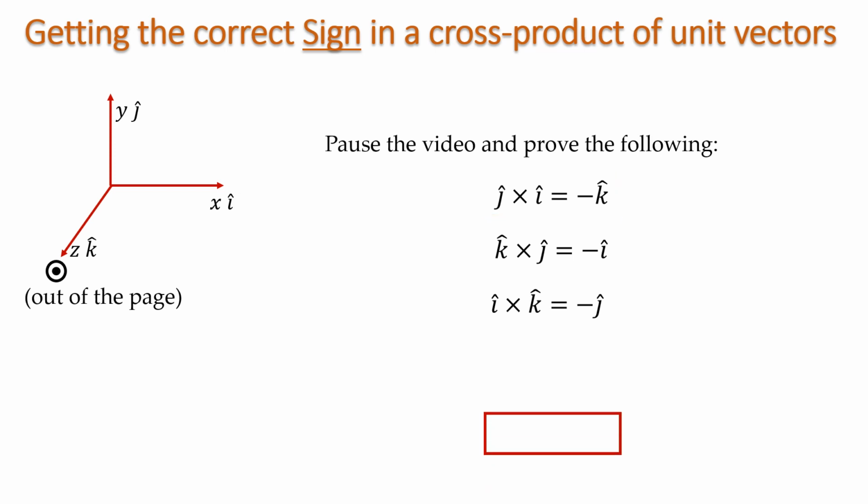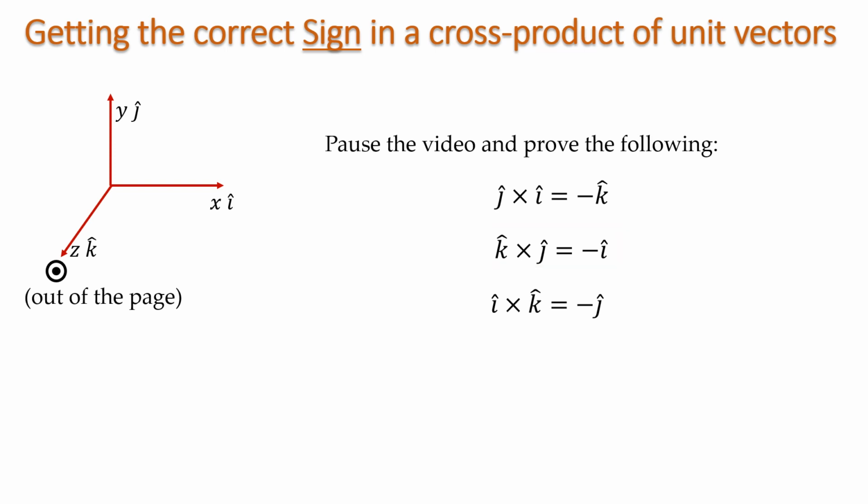For the next case, k cross j, we are looking at the left wall, which is yz plane. Now as we go from k to j, we are again going inside the left wall, which is against x-axis. So it is negative i vector.